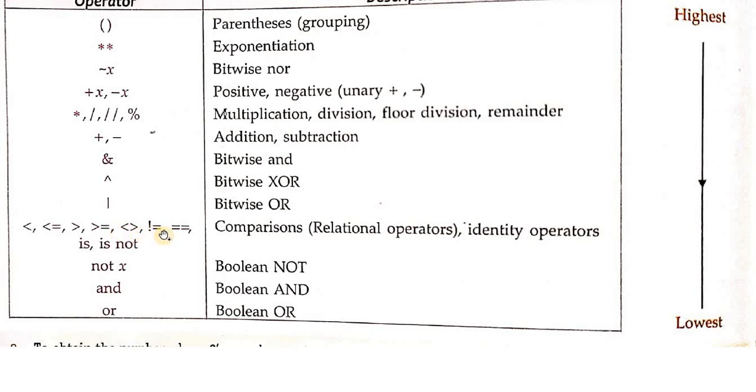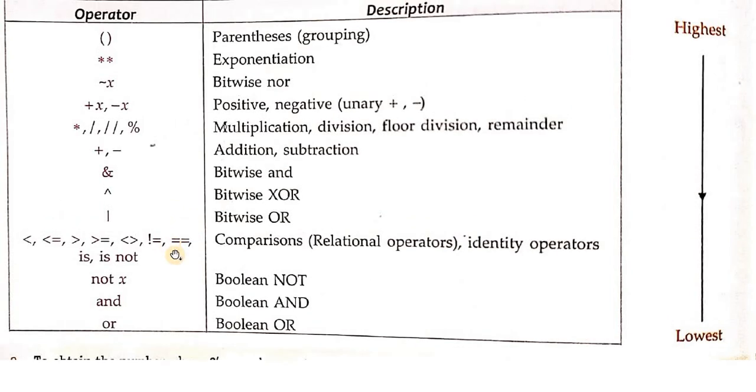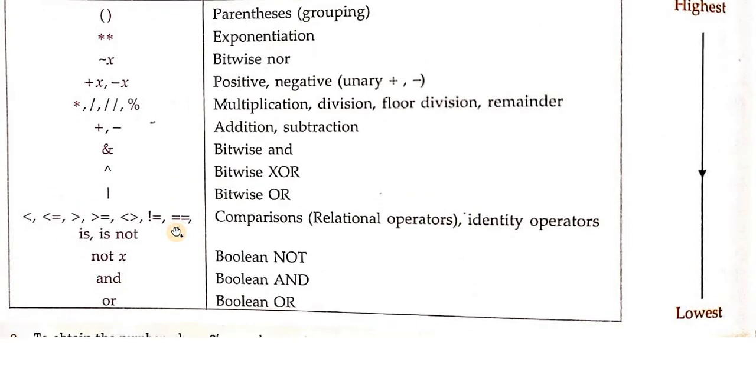Both are not equal to, so we can use either symbol for not equal to. And double equal is the equality comparison operator, so whenever you compare the equality of two values, you use double equal to check the equality of two operands.